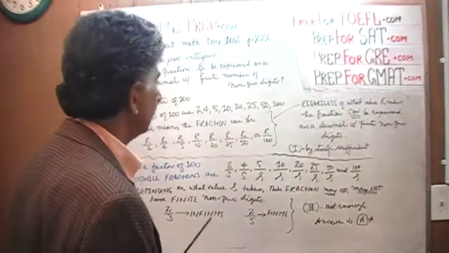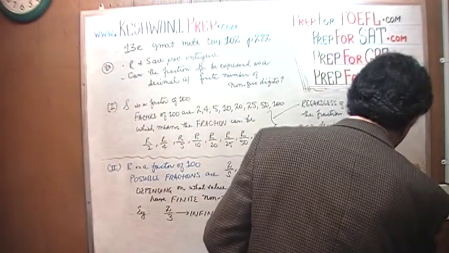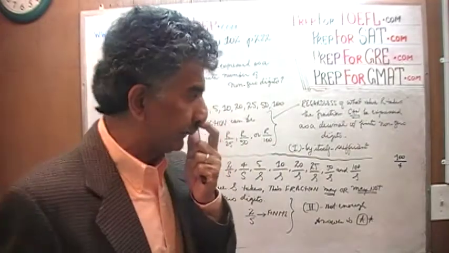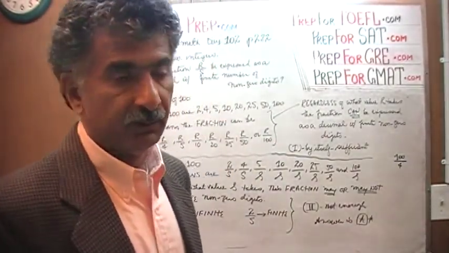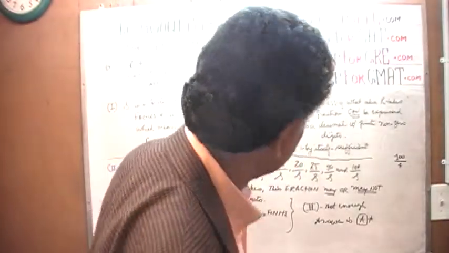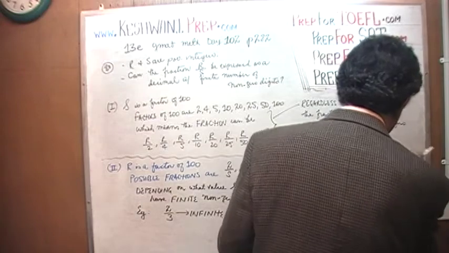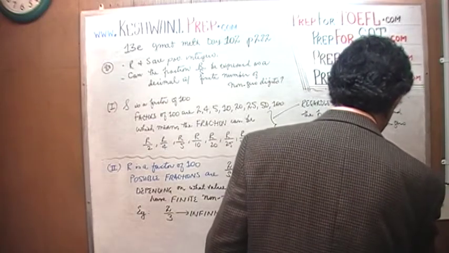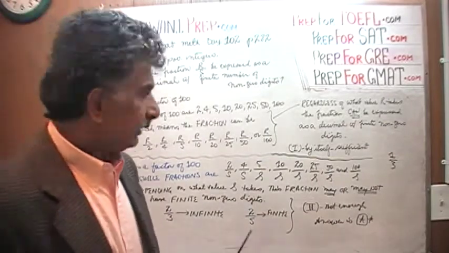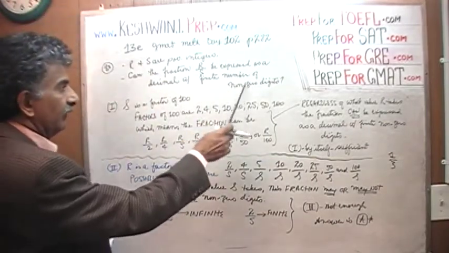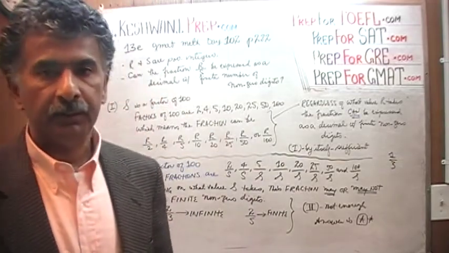For example, 100 over 4 was not a good example. 100 over 3, or 10 over 3, or better yet, just 1 over 3, cannot be expressed as a finite number of non-zero digits, because this goes on forever, 0.333 forever and ever.